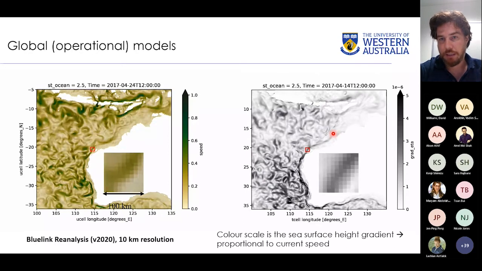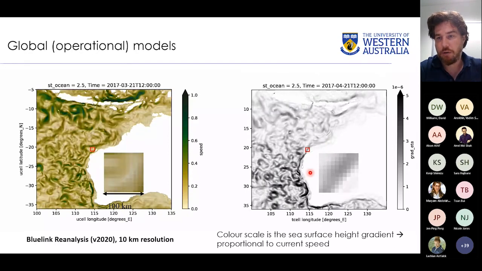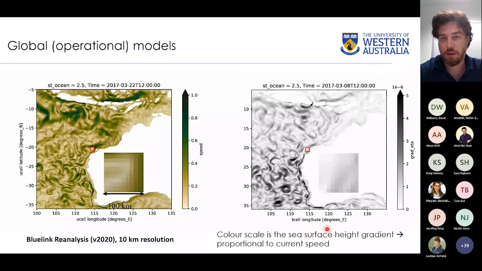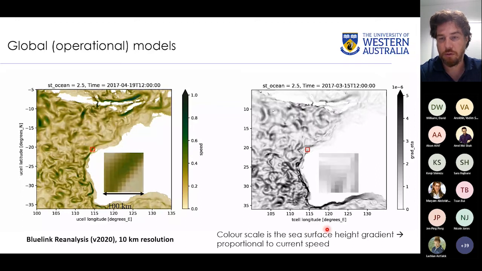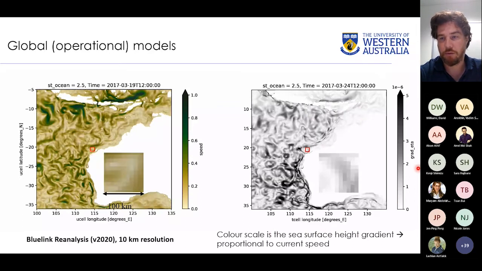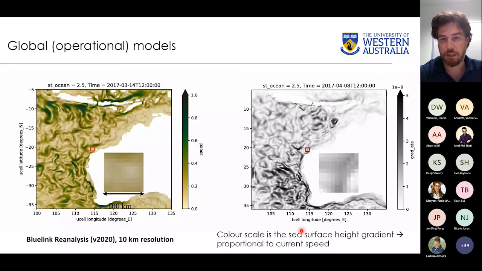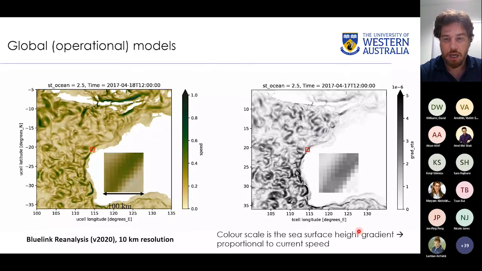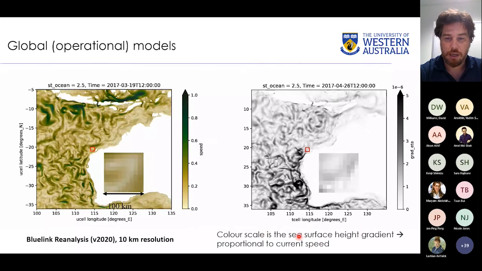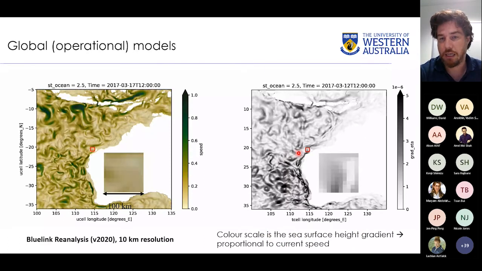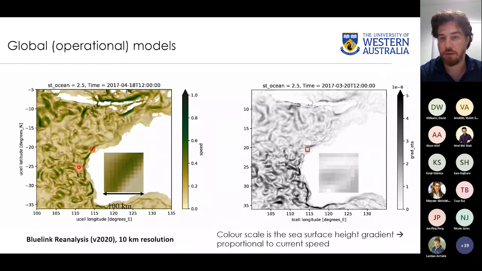On the right I'm showing the sea surface height gradient, and I'll show this for a few other models as well. The reason I'm showing that is because the sea surface height is actually measurable from space, not the current speed. And just noting that at least at the larger scales, the color here is proportional to the color over here.